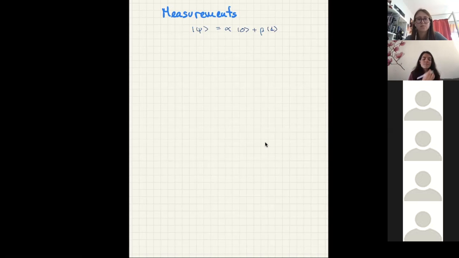So what happens when we make a measurement? We will see later on what happens physically, but for now I just tell you what the rule is for getting probabilities and what we actually can measure. Okay. So we start with the simplest case, which is a measurement with respect to a basis.